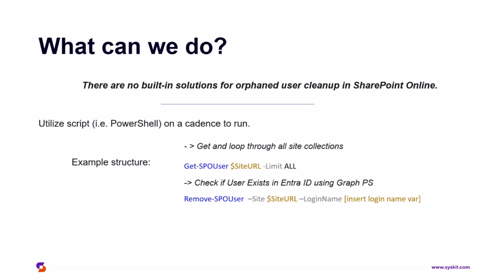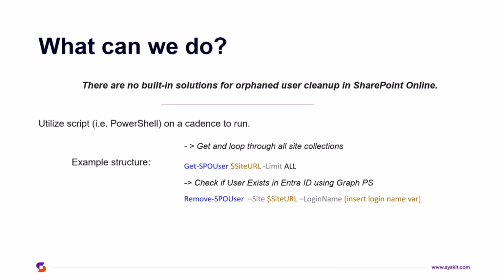And what you'll then do is per site, you'll grab that and say Get-SPOUser, and that will pull the user objects from that site. So it would say Delete Me and all the other users I had in that list. And then you're going to use the Graph PowerShell to go check if that user exists, or, to Vlad's point, if it's disabled. Right?